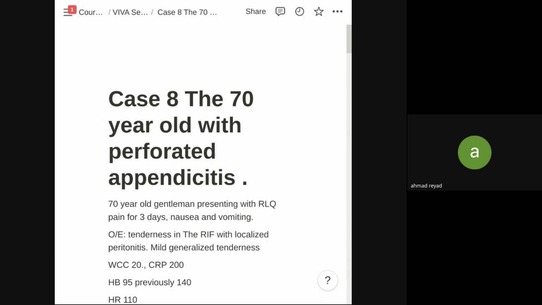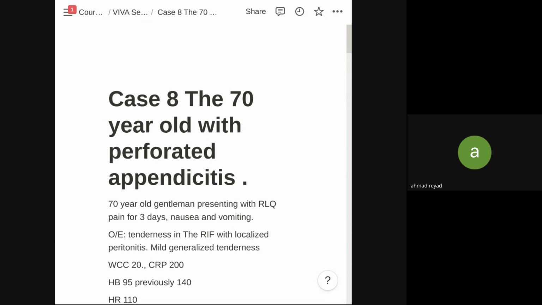Considering these numbers, most probably he's in sepsis, white cell count 20, CRP 200. So I would advise starting IV fluids and looking at the EWS, the observations. If he has a high spiking temperature or scores more than 3, I would advise starting antibiotics even before the CT scan.